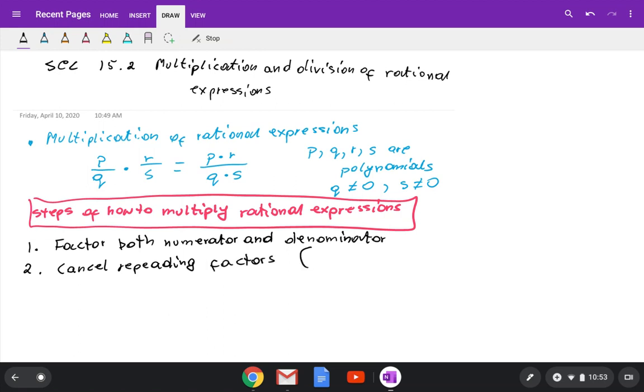So how are you going to cancel repeating factors? If you have the same factors on the top and on the bottom, you can just cancel. If they repeat on the top and on the bottom.